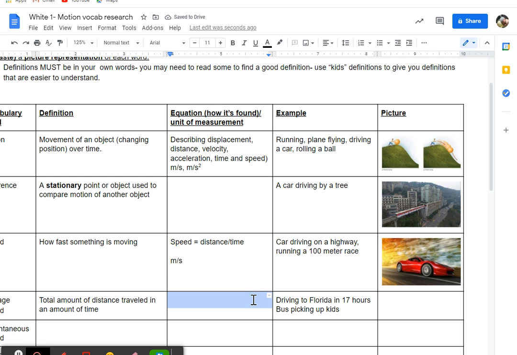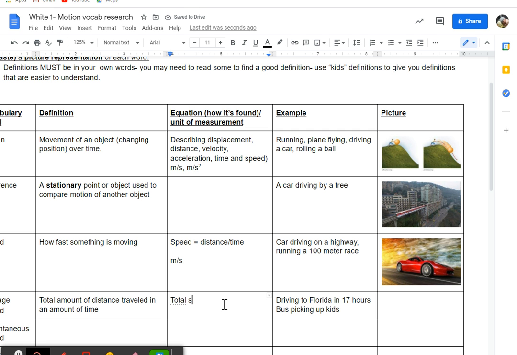Okay, so what is our formula? What did you guys find for the formula for this? I put the same thing for speed, distance and time. There should be a little bit of a difference. Trevor, what'd you get? I put average speed equals total speed divided by total elapsed time. Okay.